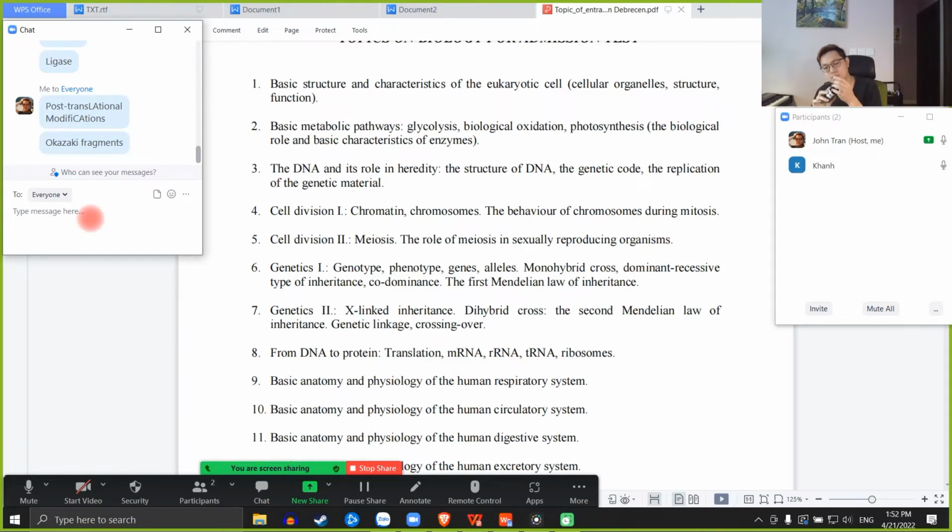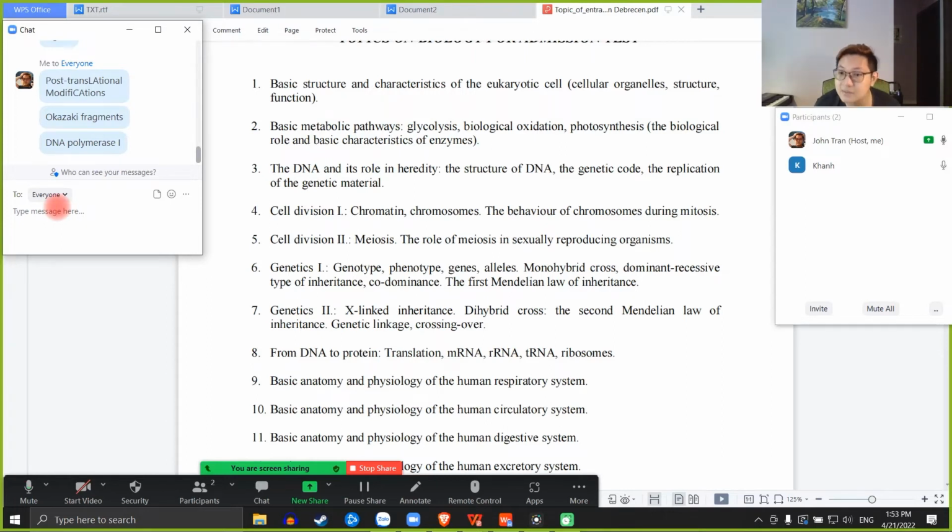DNA polymerase 1. Sorry, DNA polymerase 1.